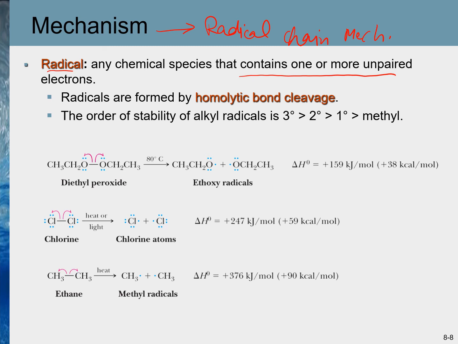Radicals are formed by homolytic bond cleavage, and as we saw earlier, homolytic bond cleavage means that in this bond breaking step, one electron of the covalent bond moves to one atom and the other electron from the covalent bond moves to the other atom. The order of stability of alkyl radicals is the same as the carbocation order, that is tertiary alkyl radicals are most stable, followed by secondary and then primary, and methyl radicals are least stable.